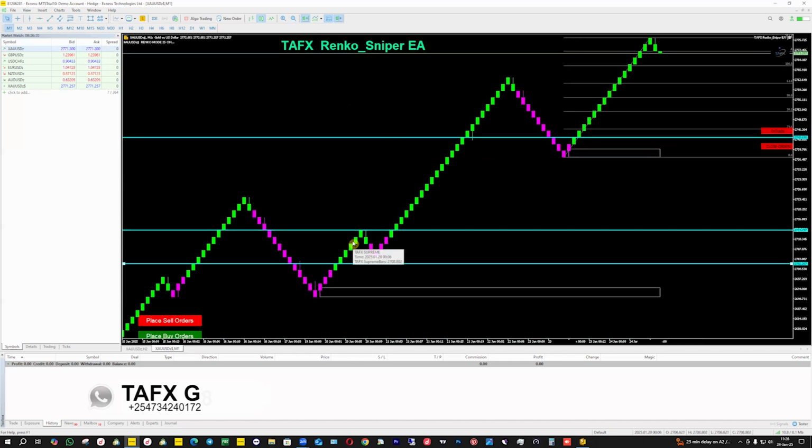The best of the best thing, again, you are supposed to understand, is the exit of this trade. Let's say, for example, EA took the buy from this area.